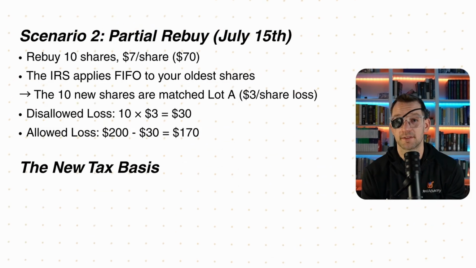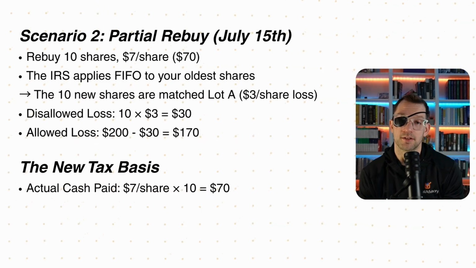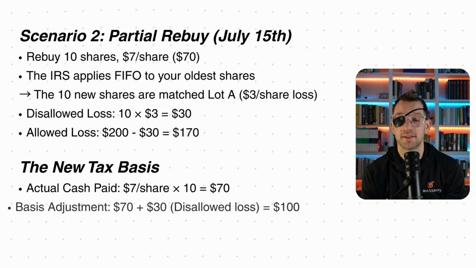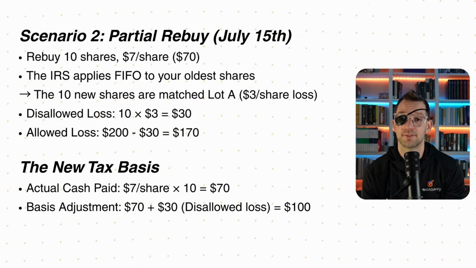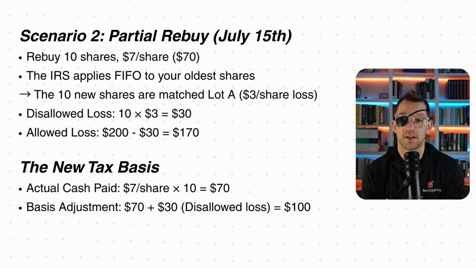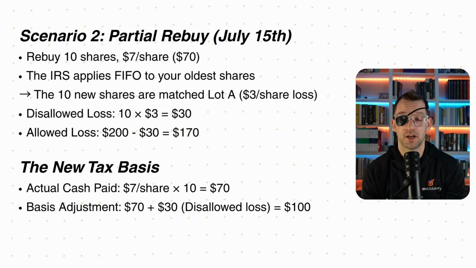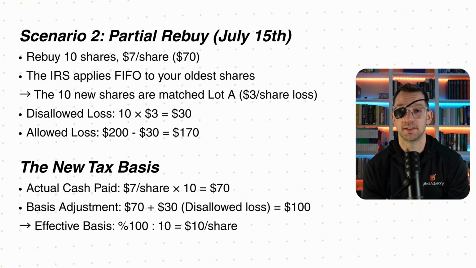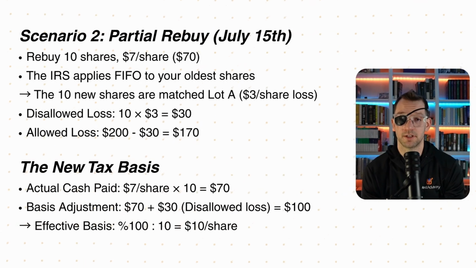And you bought back 10 shares, right, at $7 a share. So your basis should be $70, but the disallowed basis, that $30, is going to be added to your new basis of $70. So your new basis is actually $100 or $10 a share, the same price you paid in January. It's as if you never sold them.